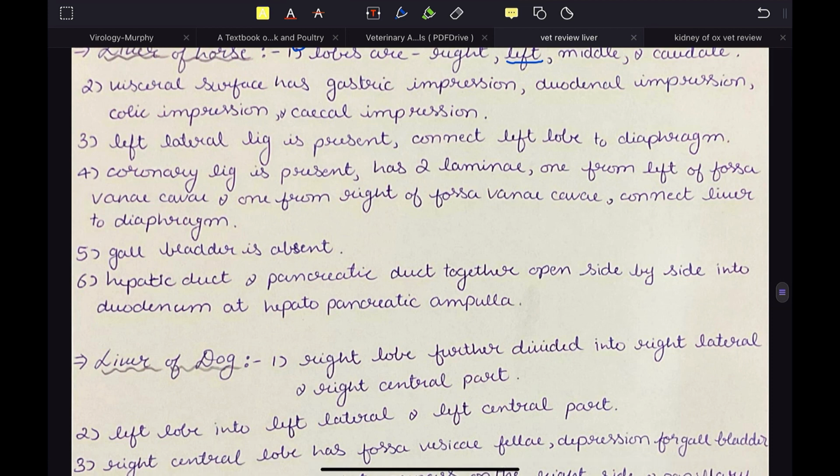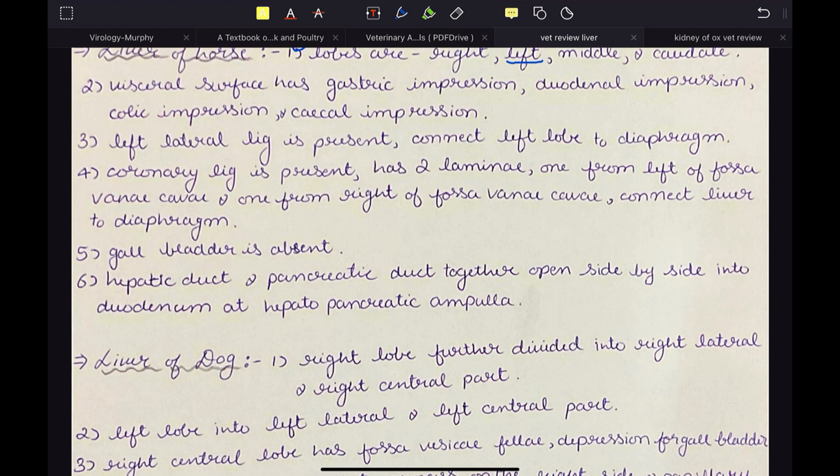Then the coronary ligament is present and it has two lamina, the left lamina and the right lamina, and each of these lamina will give rise to one ligament. So the left lamina will form the left lateral ligament or the left triangular ligament, and the right lamina will form the right lateral ligament and right triangular ligament.